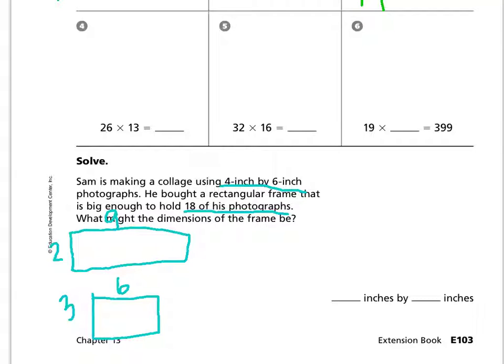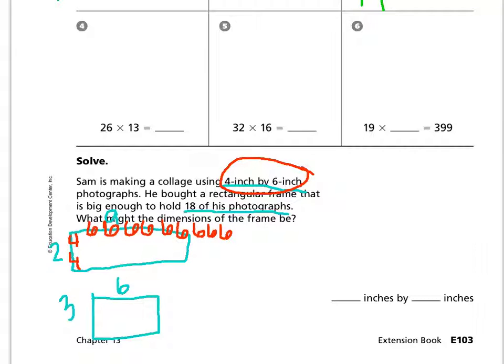Now, in order to figure out how many inches that would be, I'm going to look at the dimensions of the photographs, which is a 4 by 6 inch. If I use the first one, I would have 4 and 4, and then I would have 9 sixes up here.